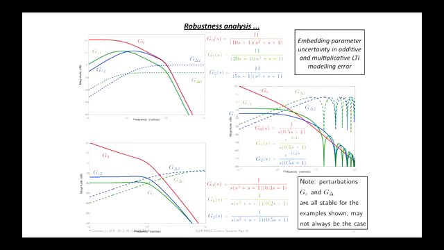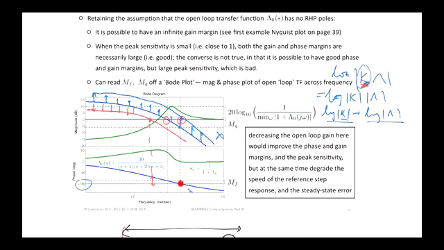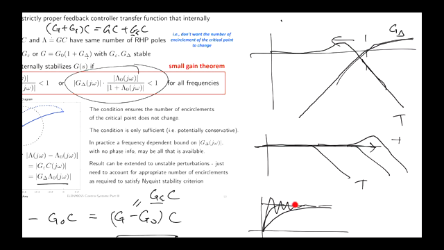Like in this example here, pushing it too far to the right made the phase margin tiny, which would lead to oscillations in the response. So there's something stopping you from pushing it too far to the right. Sensor noise stops you pushing it too far to the right. Modelling uncertainty stops you pushing it too far to the right. Okay, so we're going to balance these trade-offs against each other.